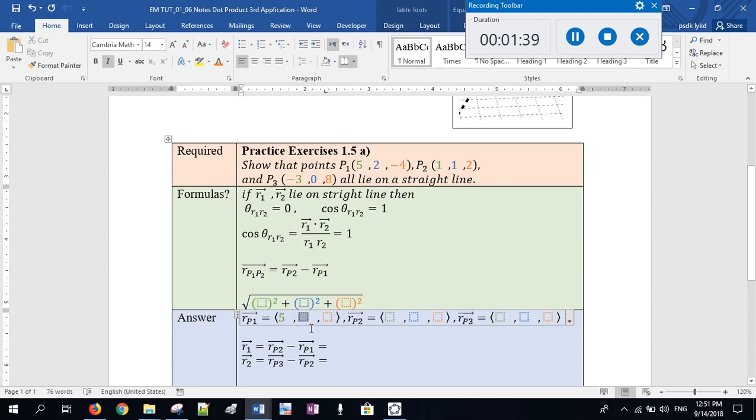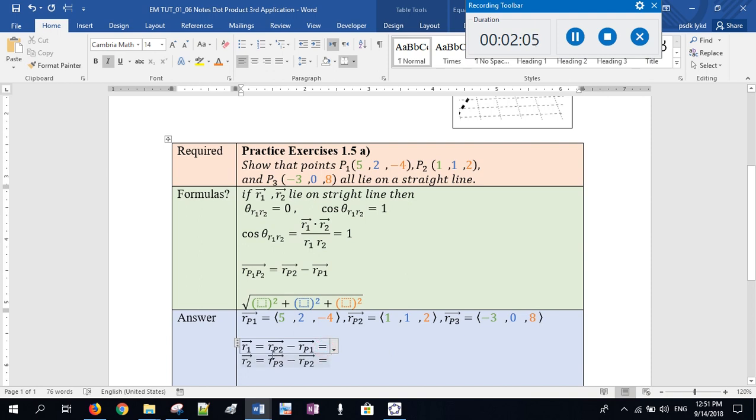The position vector of point 1, the position vector of point 2, and the position vector of point 3: minus 3, 0, 8.